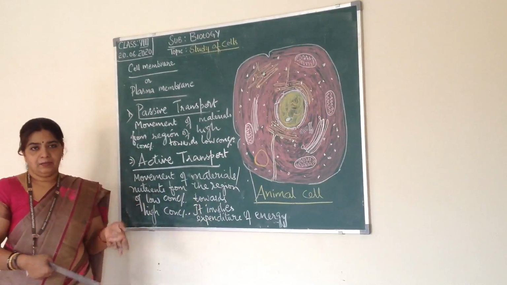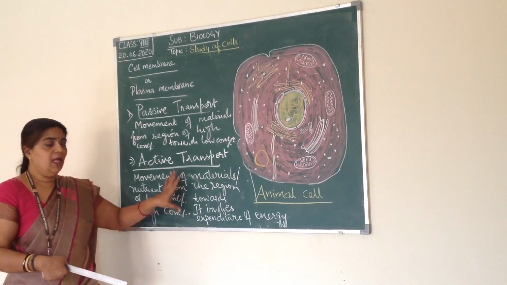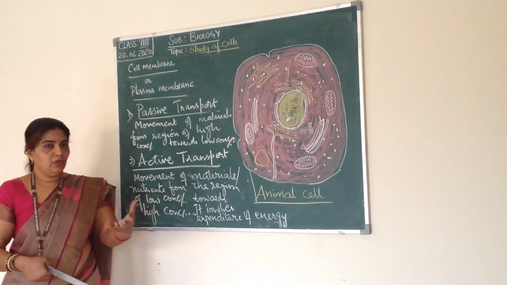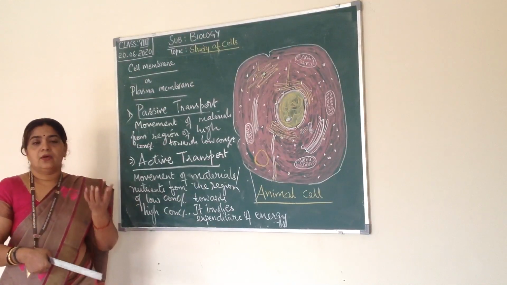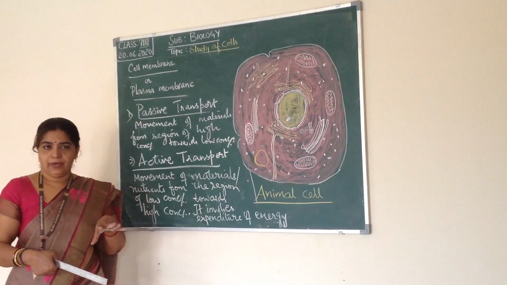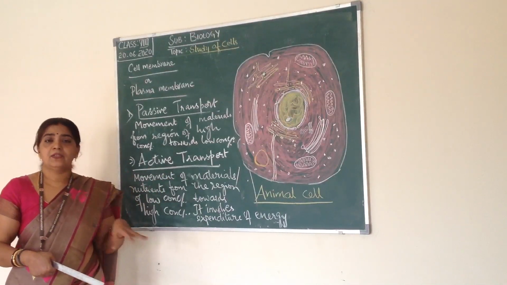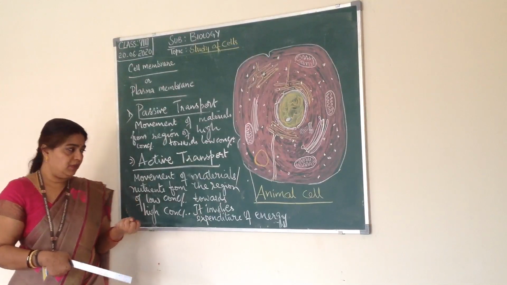For this, you can give one example. Our heart is made up of cardiac muscle, which is rich in sodium. Sodium we know very well: sodium chloride, the common salt. Sodium concentration is more in the heart muscle.